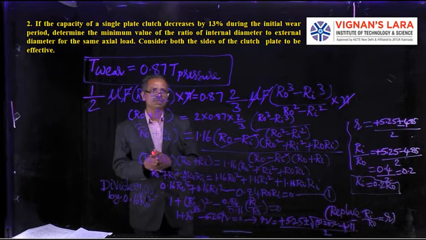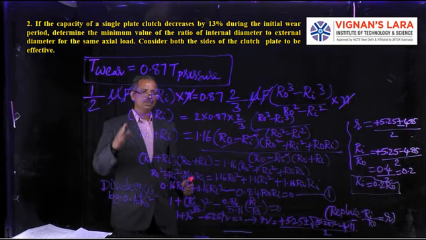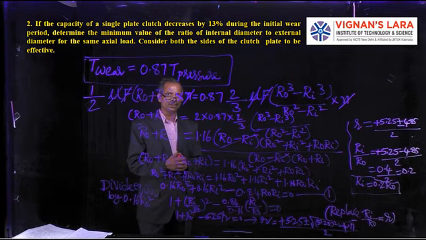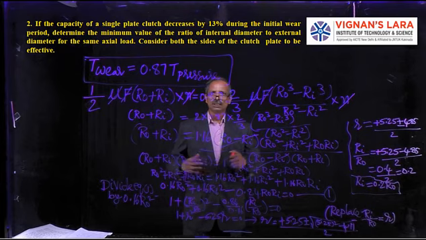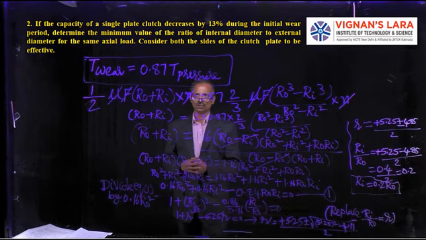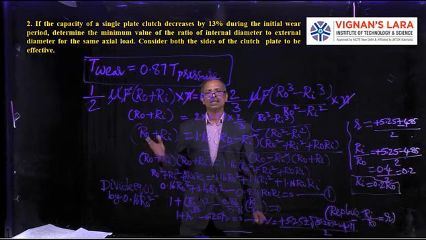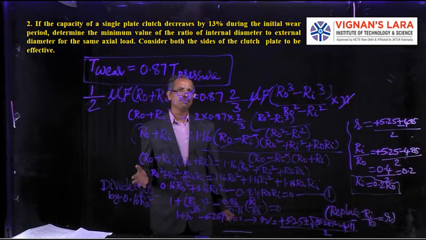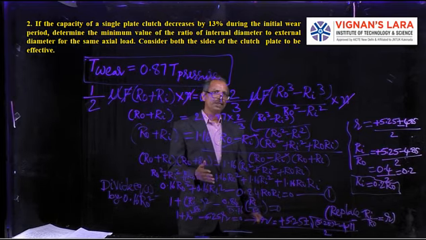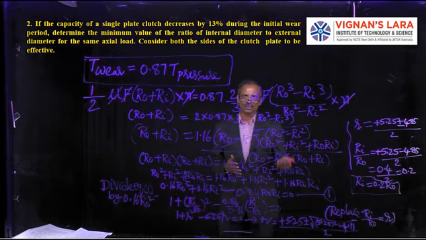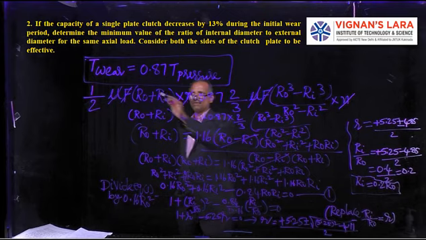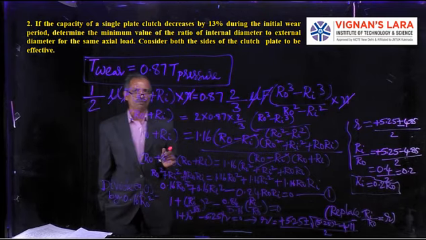So what I took in the very beginning was the concept and assumption. Initially it is under the uniform pressure theory. After some wear and tear, it has reduced its power capacity, that is, 13% has reduced. So at that time the torque transmitted is equal to 0.87 times the torque due to the uniform pressure theory equation. So T wear is equal to 0.87 T pressure.